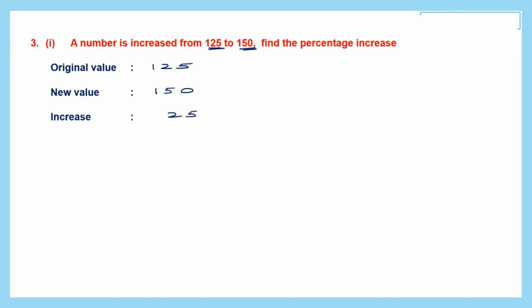So the increase is 25 and to find the increase percent, we should say increase by the original value. Increase is 25. The original value is 125. And if we have to find the percent, we have to multiply by 100%.